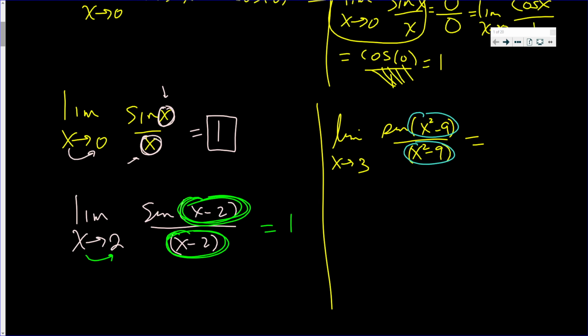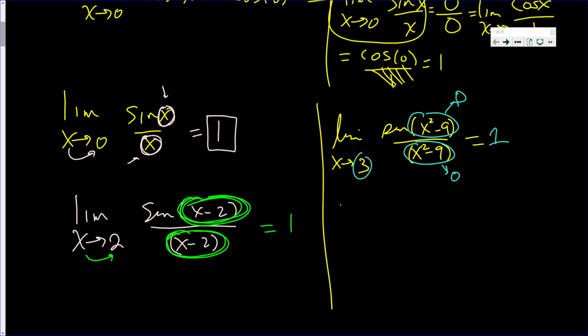So it passed the first condition. The next condition is that as x goes to 3, it should make those 0. And of course, near 3, you square it, you'll get near 9. Take away 9, 0. This is 1.